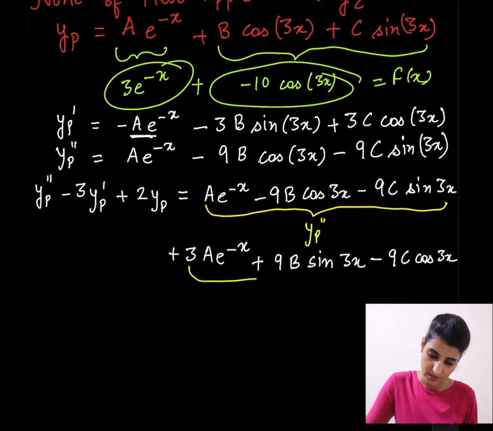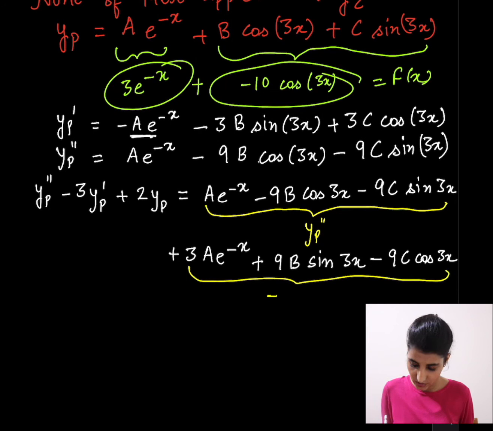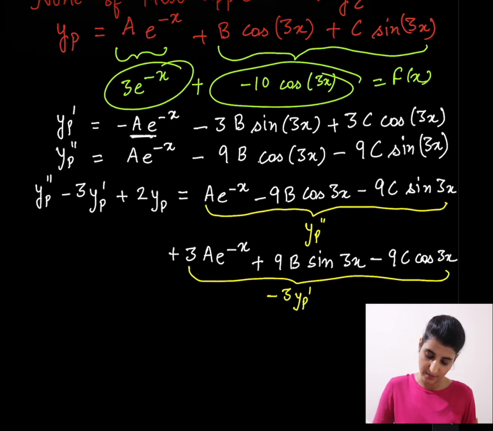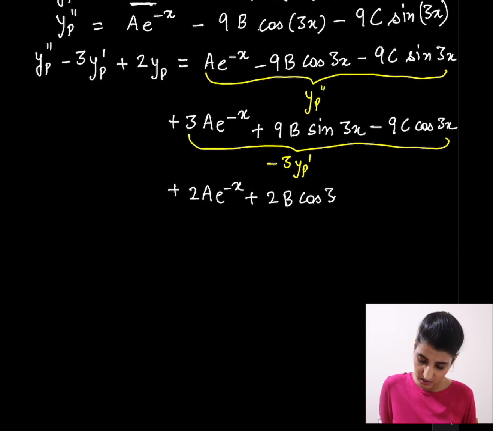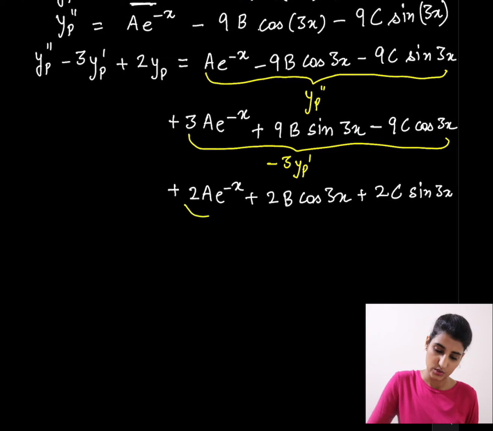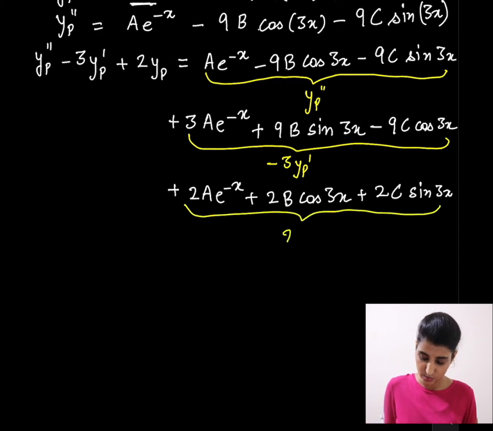This term corresponds to your negative 3 yp prime. Then we have plus 2yp. So 2 times a e^(-x) plus 2 times b cosine 3x plus 2 times c sine 3x. This term corresponds to your 2yp.